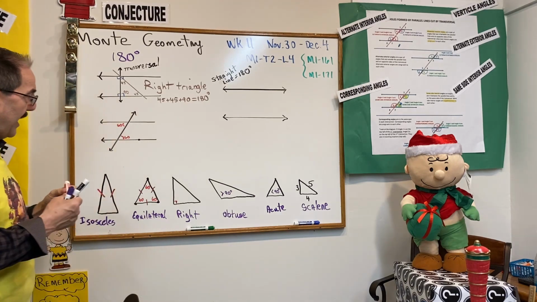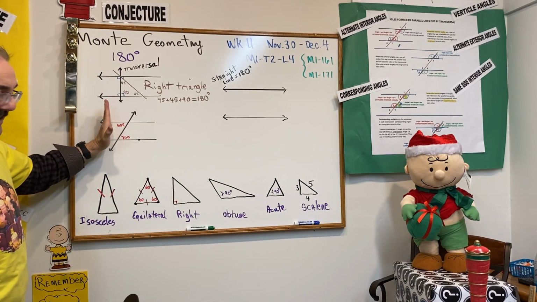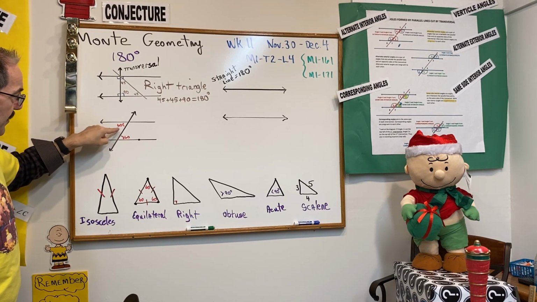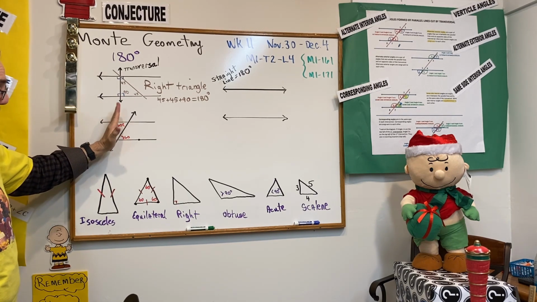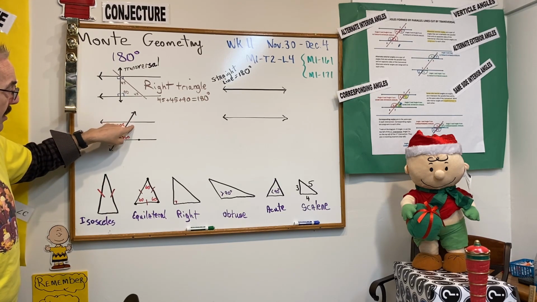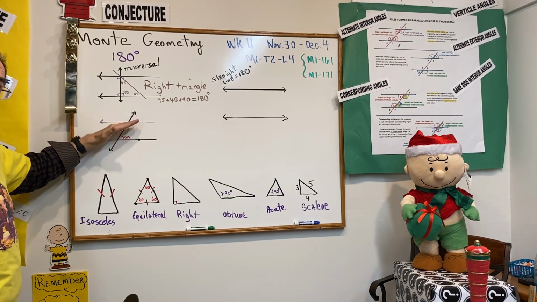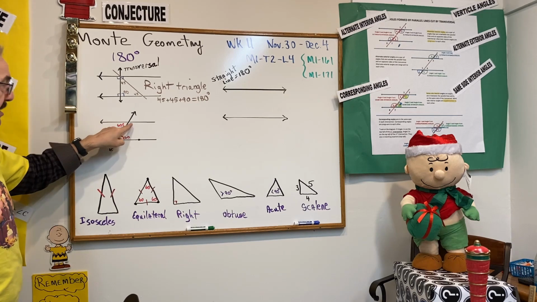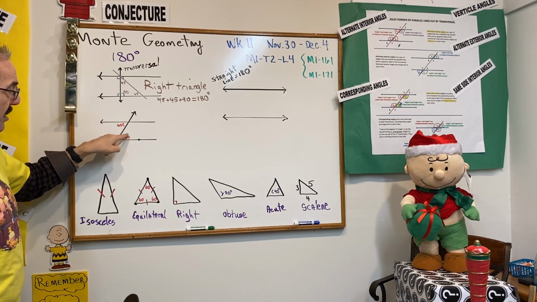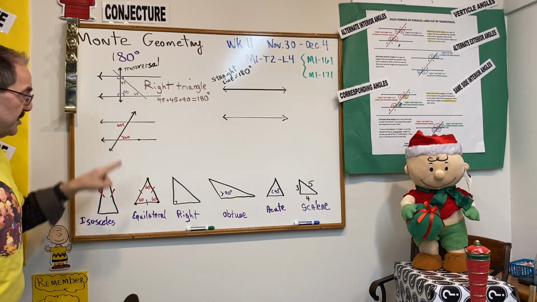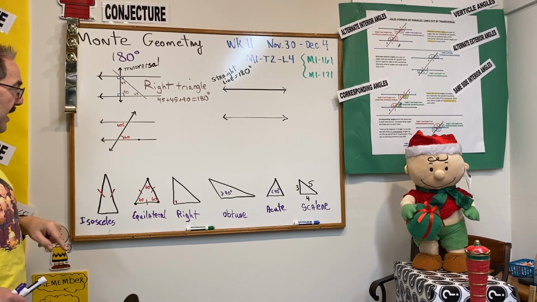When I do that, as I tip the line, this gets smaller. As that gets smaller, they're equal. Now, this is getting bigger. As this gets bigger, this gets smaller. So this angle is always equal to that angle.